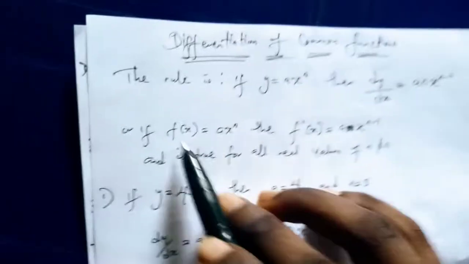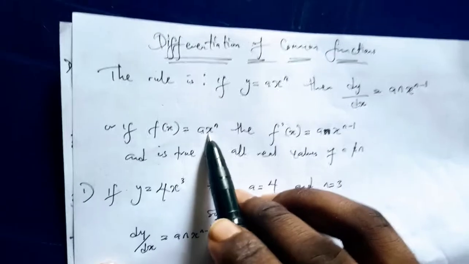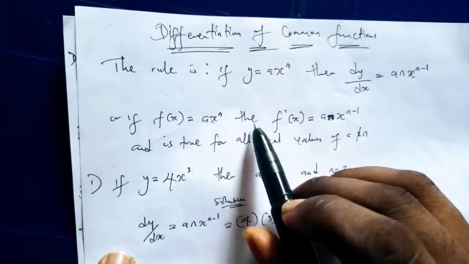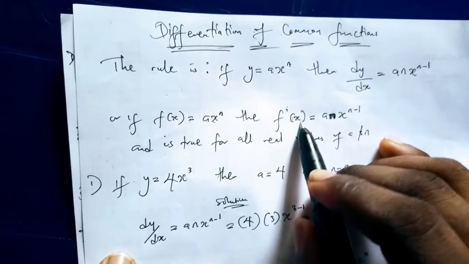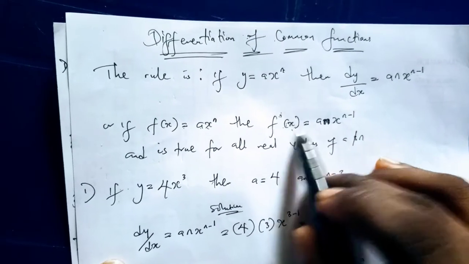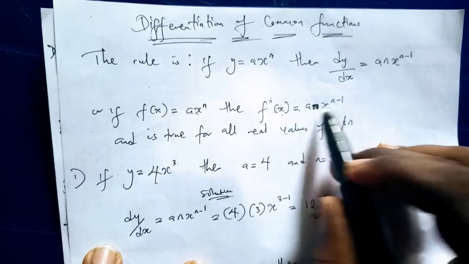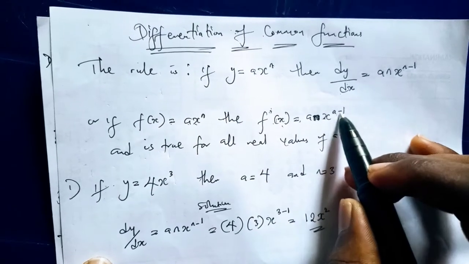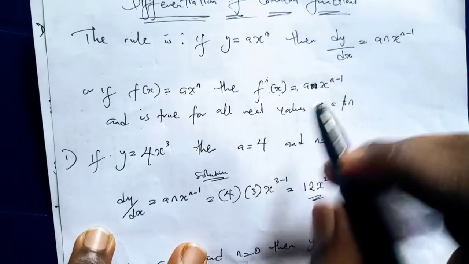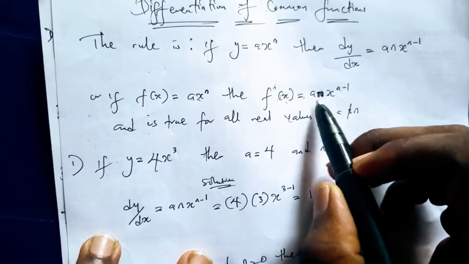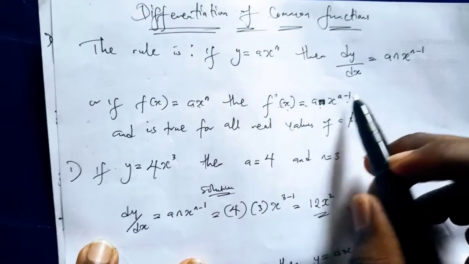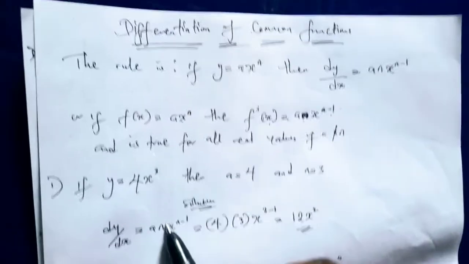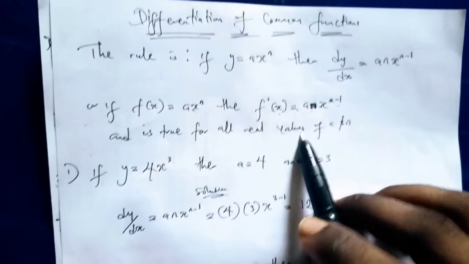It either comes in this form, or f of x is equal to a times x raised to power n, where the derivative f prime of x is equal to a times n times x raised to power n minus 1, which is bringing n down, multiplying it by the coefficient, and taking 1 out of the power. This is true for all real values of a and n.